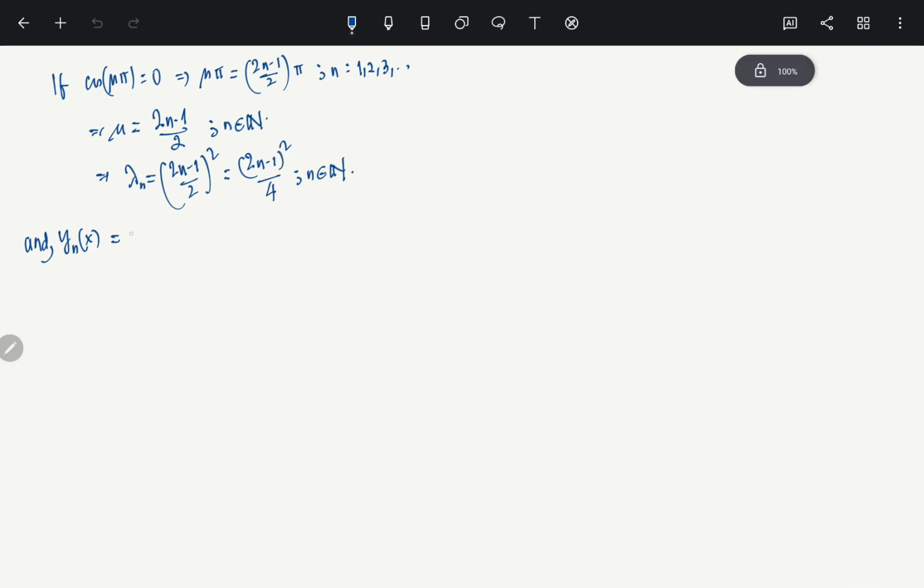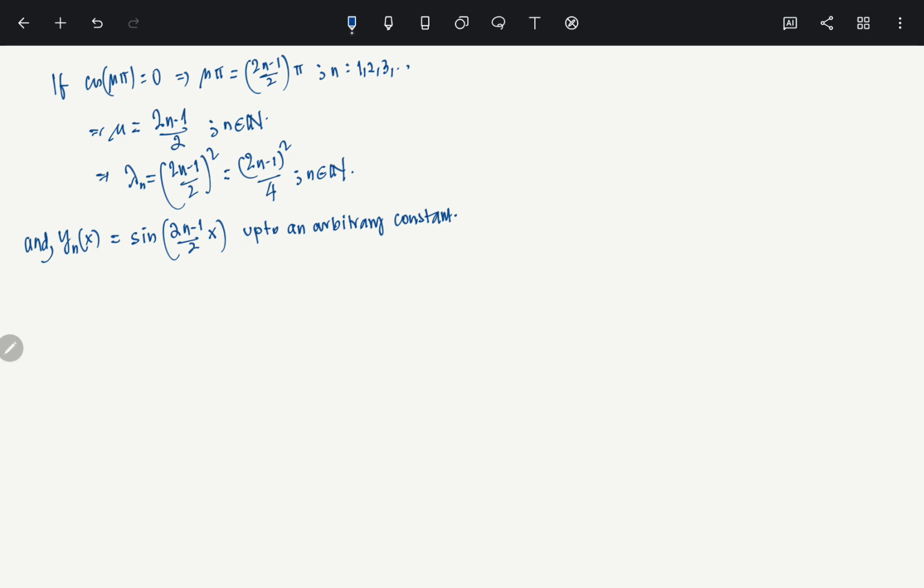Essentially this is up to a constant. Let me put it this way: this is equal to sine of ((2n minus 1)/2) times x, up to an arbitrary constant. Is it okay? Yeah, we can write it like this.